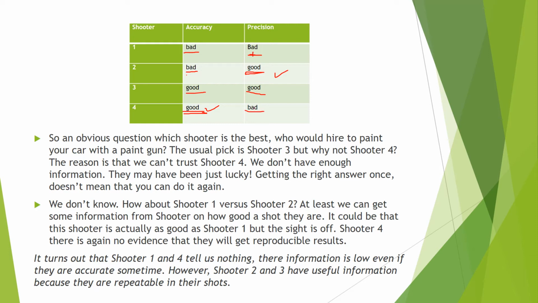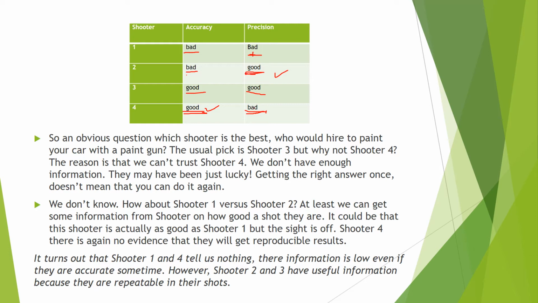Number 1, it might take a long time to really help fix their things. Maybe you'll never fix it at all. Number 4, you don't even know. They've walked off because they think they're the greatest shot ever.